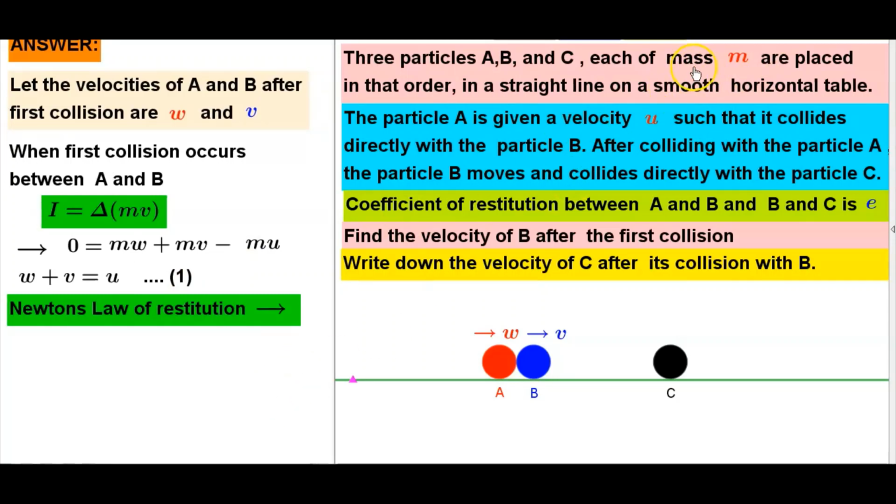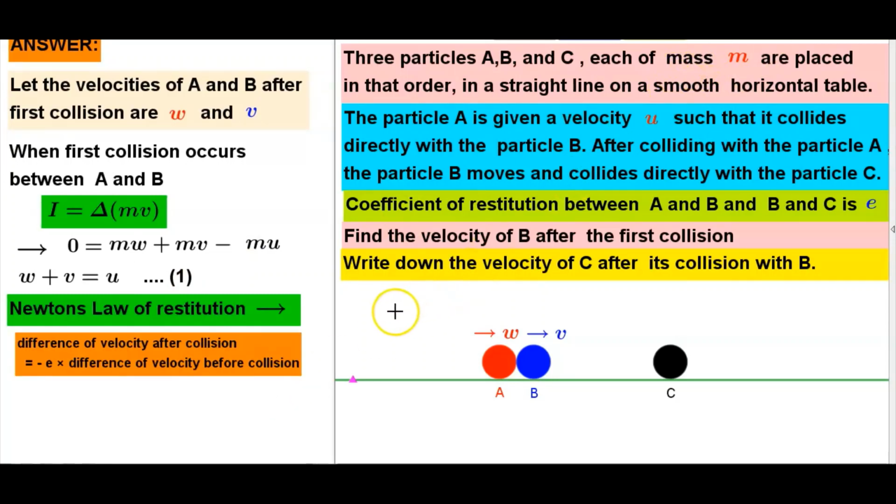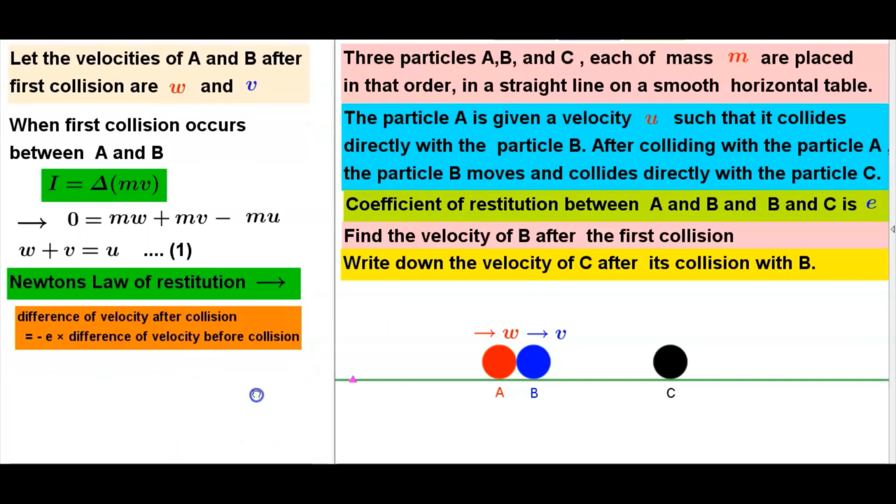Newton's law of restitution: the difference of velocity after collision is equal to minus E times the difference of velocity before collision.